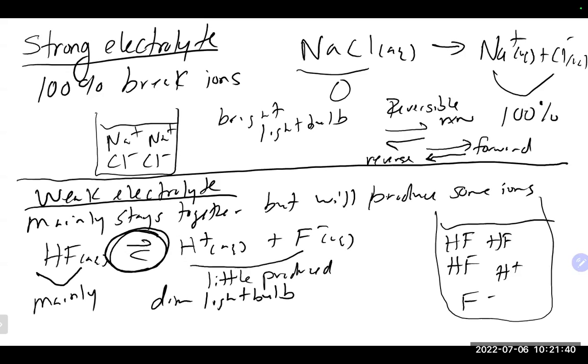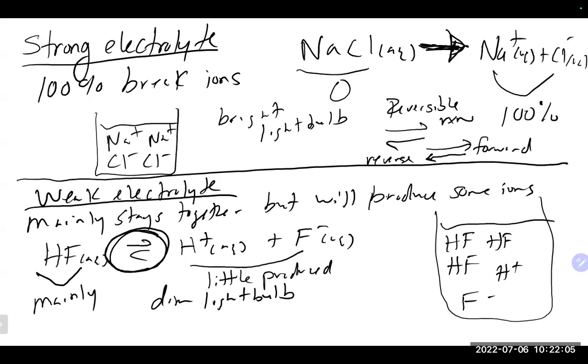They lock each other into place in how much is on each side, going back and forth at about the same rate. You do not see those arrows in a strong electrolyte. It is a one-way street. Pretty much everybody is dumping into the product side and making those ions. That's why a strong electrolyte conducts electricity very, very well.